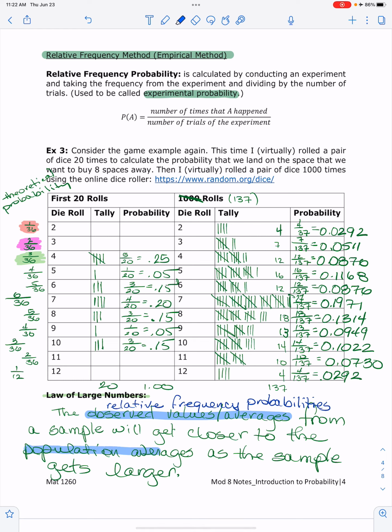Those will get closer to our theoretical probabilities as our samples get larger or as our number of experiments increases.